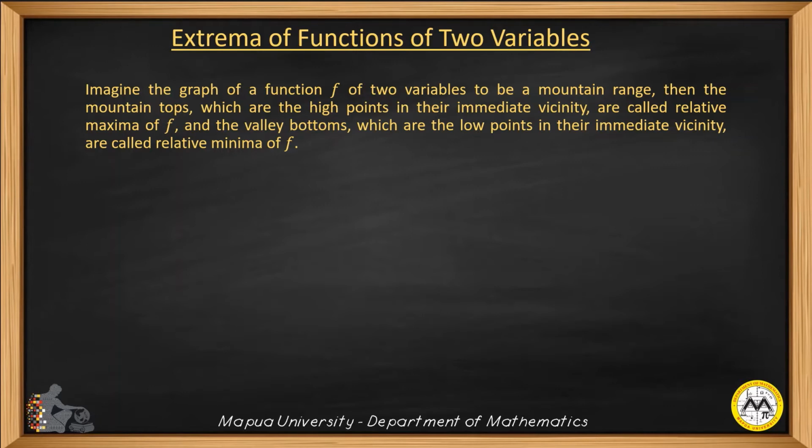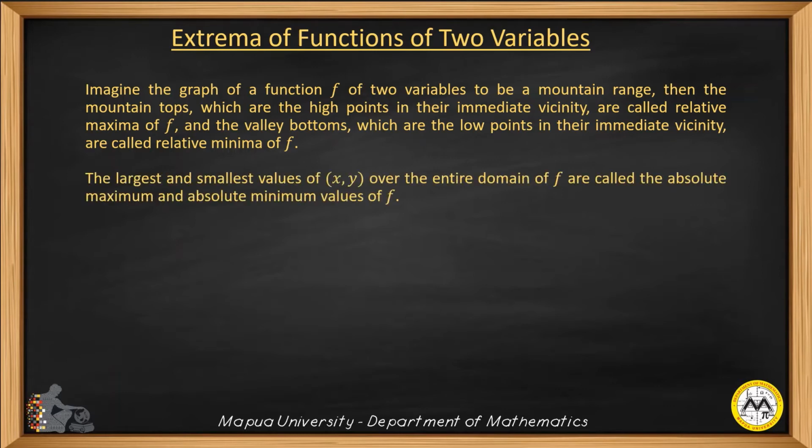The valley bottoms are the low points in their immediate vicinity, and these are referred to as relative minima of the function f. The largest and smallest values of the function f of xy over the entire domain of f are called the absolute or global maximum and absolute or global minimum values of f, respectively.